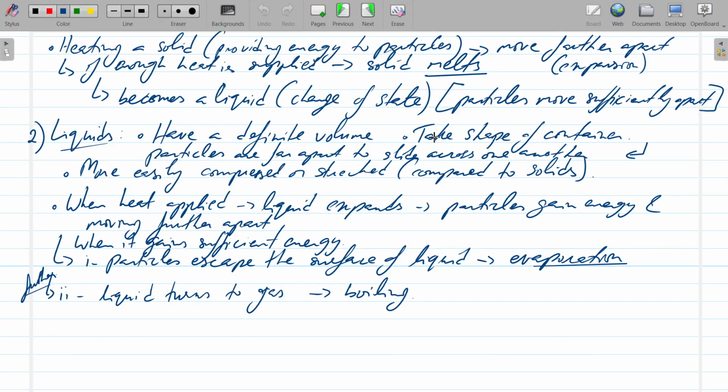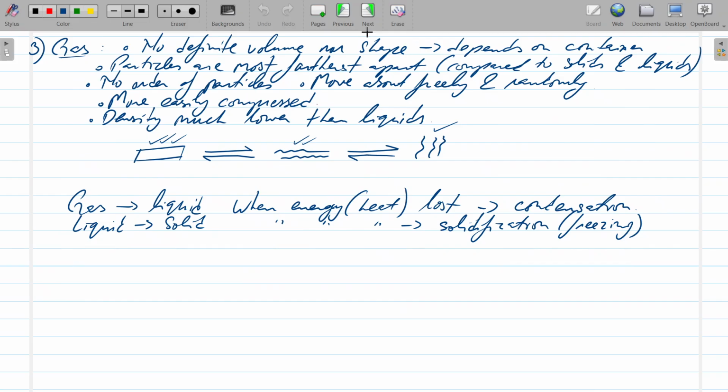Liquids have a definite volume, but they take the shape of the container. Why is that? Because the particles are further apart because they have more energy as compared to solids. Gases do not have a definite shape, nor a definite volume. It depends on the container they're in. They are very much far apart and they have much more energy.